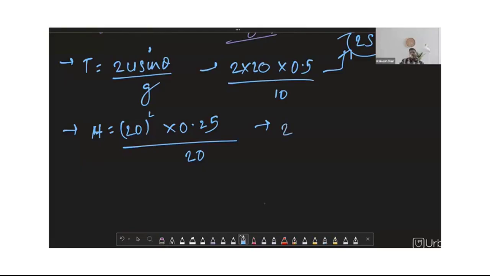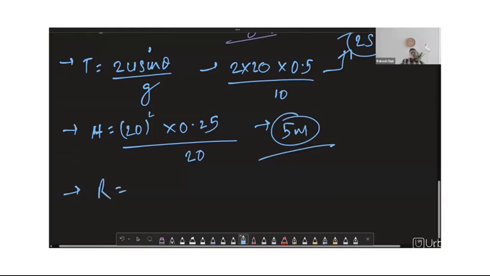You will be getting 5 meter to be the answer of maximum height. Sorry. The maximum height which will be reached by the projectile will be 5 meter.